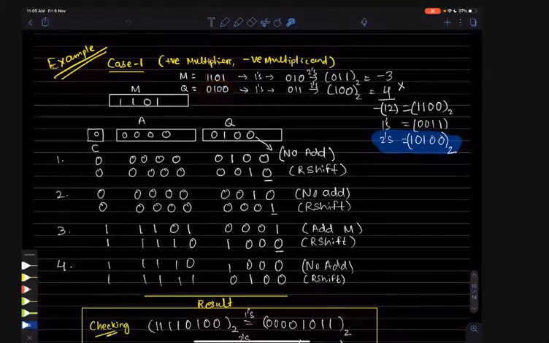To find the decimal equivalent of these two, we just have to take the 2's complement. Leave the first bit because that is the sign bit, obviously it will be negative. So take 101, find the 1's complement, 010, then find the 2's complement by adding 1, that is 011.